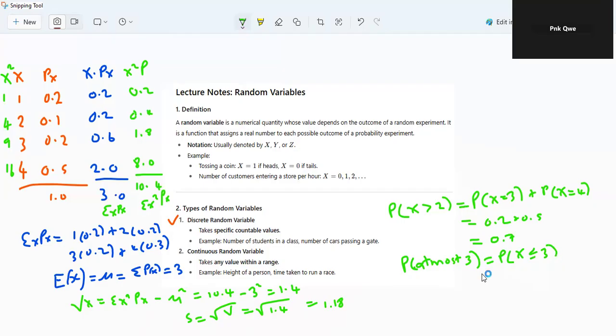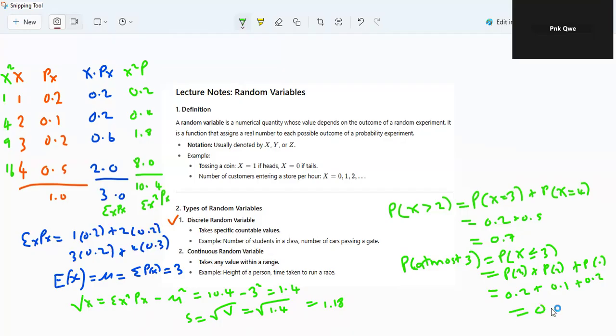Which probabilities are we looking at? The probability of 3 itself plus the probability of 2 plus the probability of 1. So at most 3 means 3 going down. The probability of 3 is 0.2. The probability of 2 is 0.1. The probability of 1 is 0.2. What do we get? 0.5.